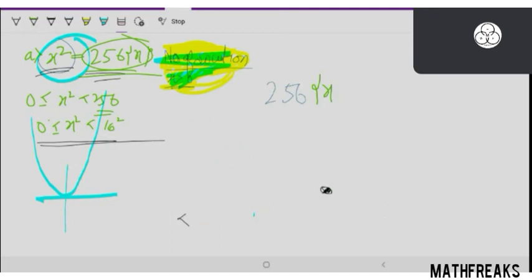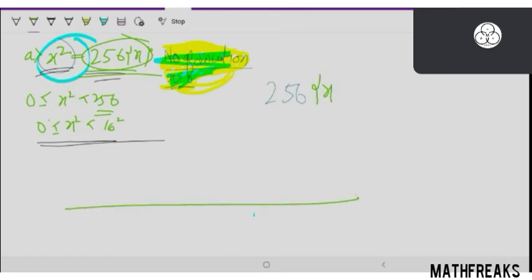I am drawing that case because it's not possible for me to draw the entire graph. I'm just giving you the hint. How many cuts will it make?